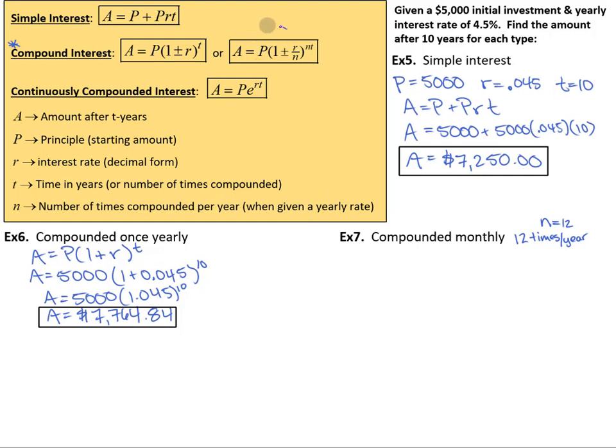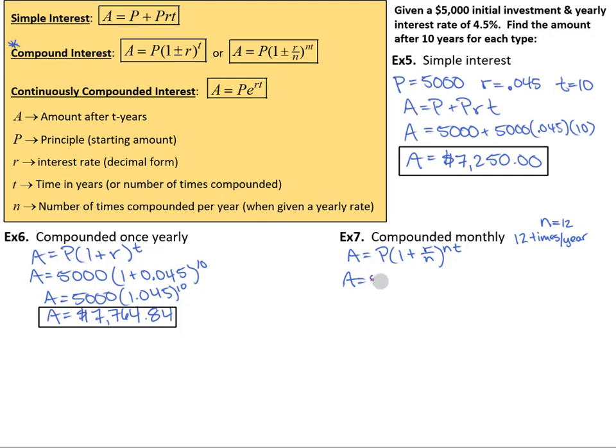Okay, and this time, because it is being compounded more than once per year, we do need to use this slightly more complicated formula. So I'll go ahead and write that down. A equals P times 1, again, because we're going up in interest, plus r over n, to the n times t power. Okay, so let's go ahead and plug in.